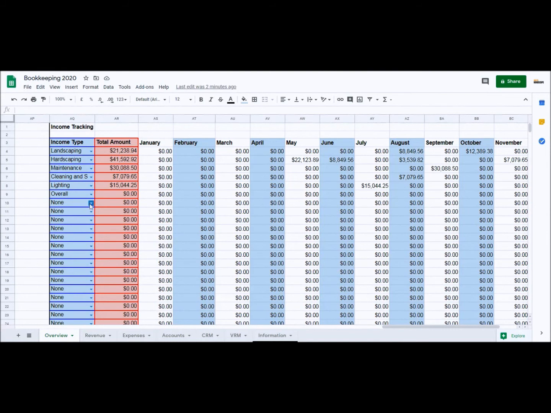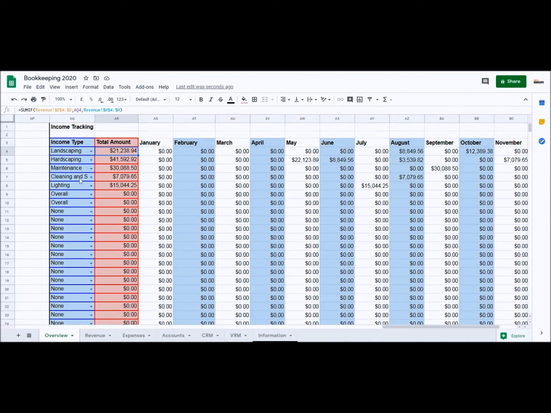Now, you can have a thing like overall, which just gives you an overall job. We did lighting, we did hardscaping, we did softscaping, whatever it may be. You can just have something that encompasses everything or whatever you want to do with your business. But at least you'll see the total amount that these different jobs brought in and how much they brought in per month.